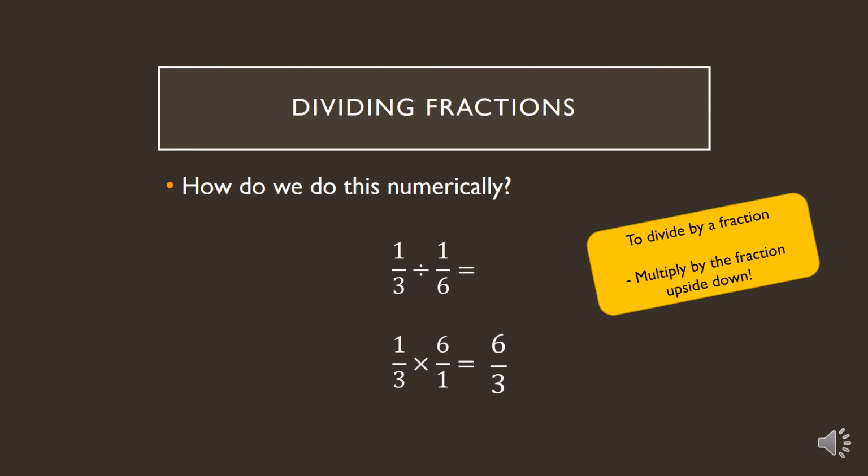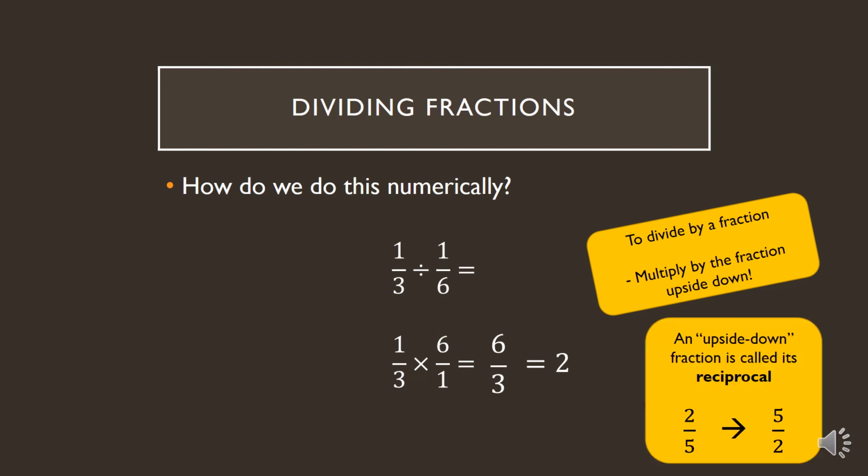So top by top gives you 6. 3 by 1 gives you 3. So 6 divided by 3 is 2. Yes, that's what we get. So just a side note, when you turn a fraction upside down, the fraction that you get is called its reciprocal. So there's an example, 2/5, and its reciprocal is 5/2.